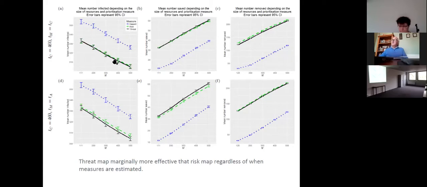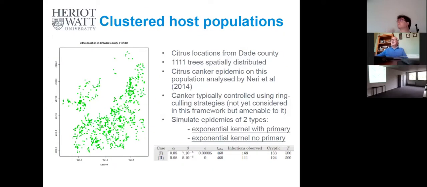So we have fewer infections at times 500, the more sites that we visit. We have very little difference in the performance between the threat and the risk measure, but the hazard measure, where you're essentially looking at susceptible individuals, is not very effective.